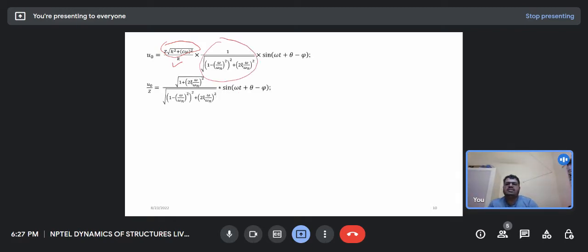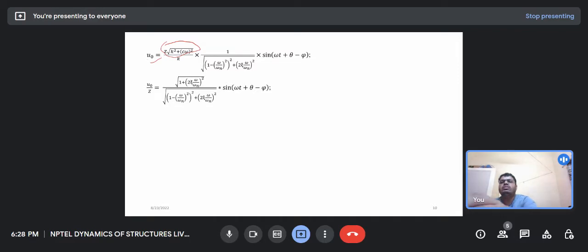If I rearrange the terms, I have taken z into this below, and I write k is equal to m omega square, and then I take k out from here.